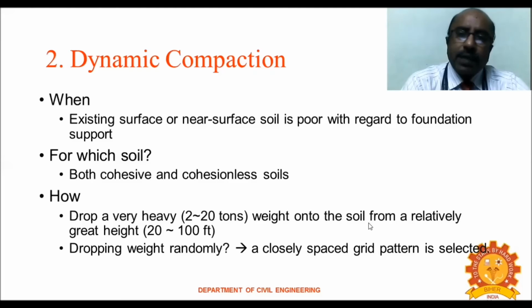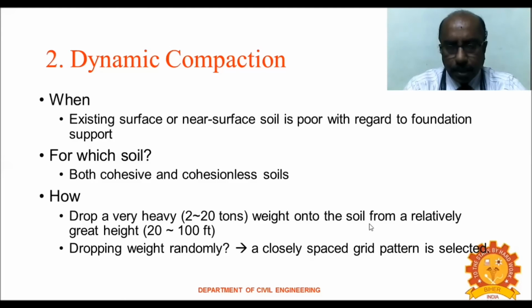Now, coming to dynamic compaction: earlier we have seen surface compaction or field compaction, where the compaction is achieved only to a lesser depth. That means only the surface layer is compacted.